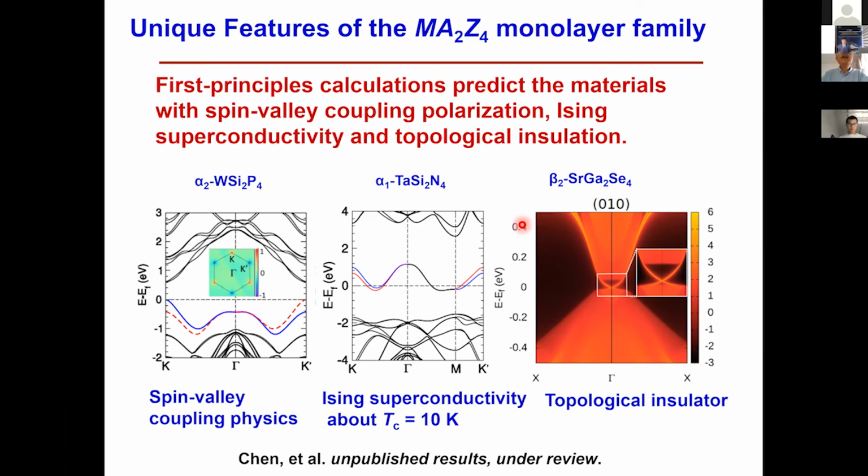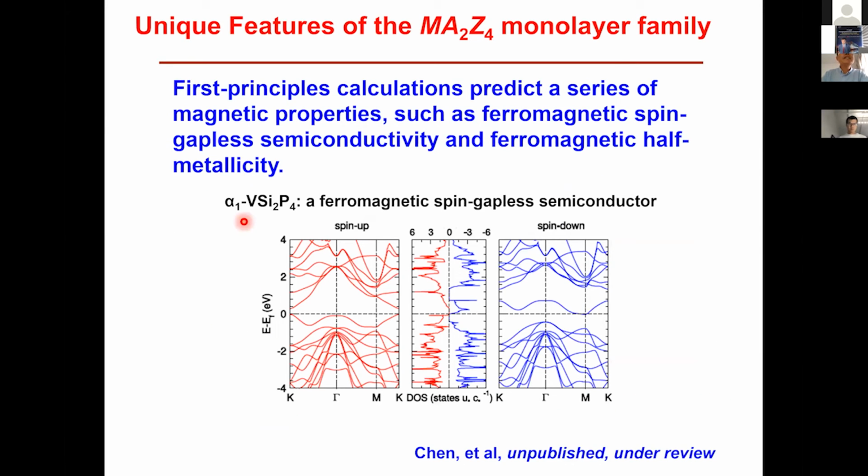And we have also predicted that this material may have a series of interesting magnetic properties, such as ferromagnetic spin gapless semiconductor and ferromagnetic half metallicity. So there's also a three-element compound.